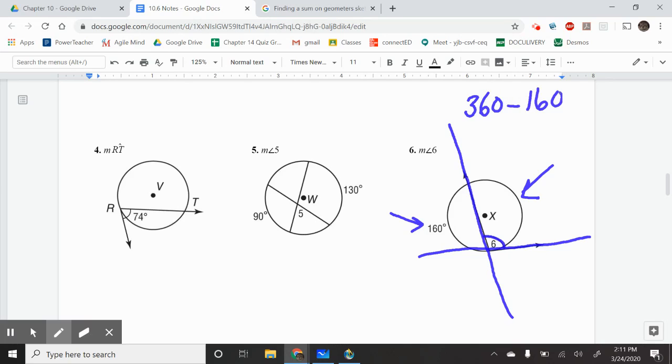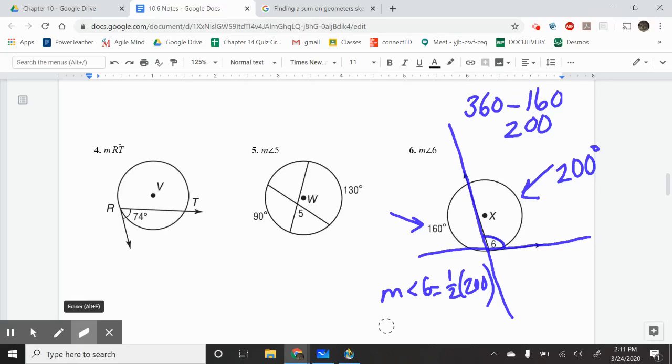So if I take away 160 degrees, I'm left with 200 degrees. So I know that this arc is 200 degrees. Now remember, the angle that's intercepted is half of it. So the measure of angle 6 is equal to half of 200, which is 100 degrees.